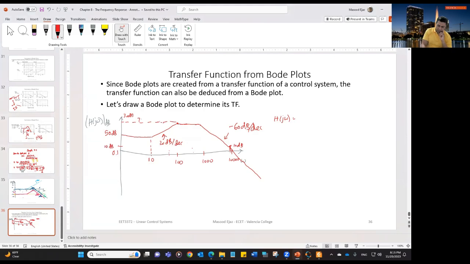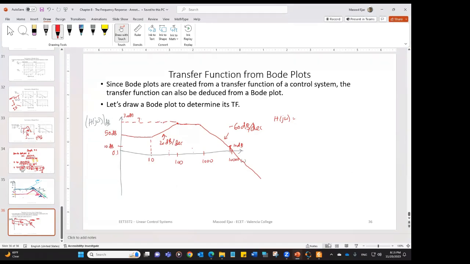Now this will be the modified gain, remember. So in the transfer function, of course, you don't put decibels in the transfer function unless you're expressing it in decibel. But what will be the value corresponding to 50 decibel of the modified gain?